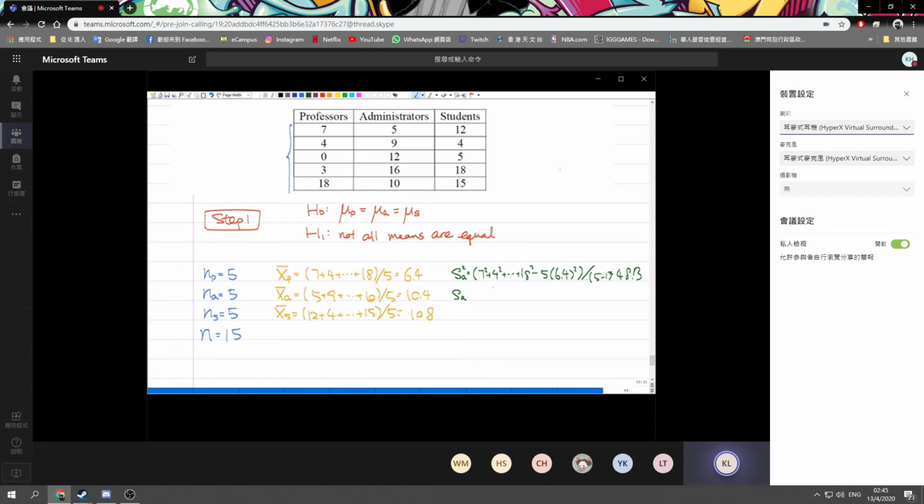And then another group, sorry, this should be P. 5 square, this is from the administrator group, up to 10.4 square, divided by 5 minus 1, 16.3. And finally, for students, 12 square plus up to 15 square minus 5.